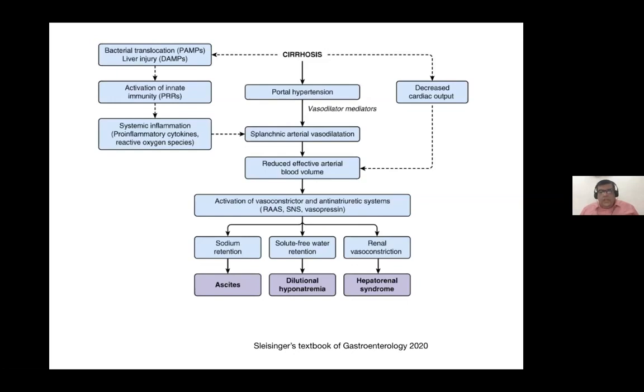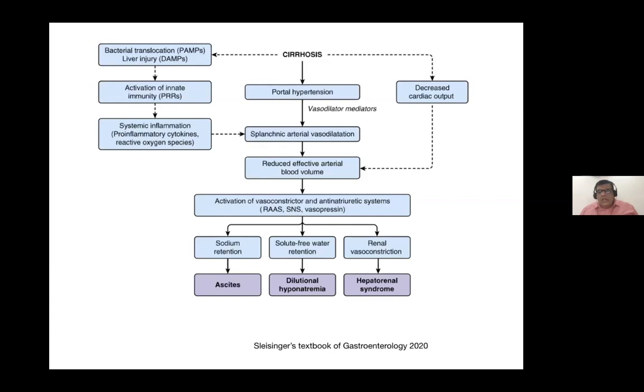These two factors, splanchnic arterial vasodilatation giving rise to reduced effective arterial blood volume, would then cause activation of the vasoconstrictors and the antinatriuretic systems. That is the RAS, SNS, and the vasopressin. This gives rise to sodium retention, which will then cause fluid retention and produce ascites.